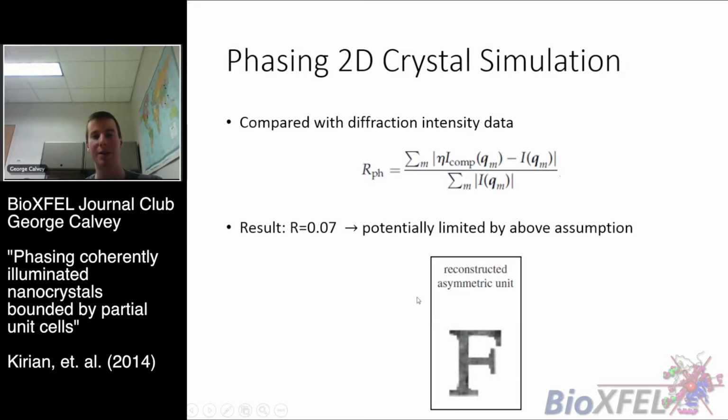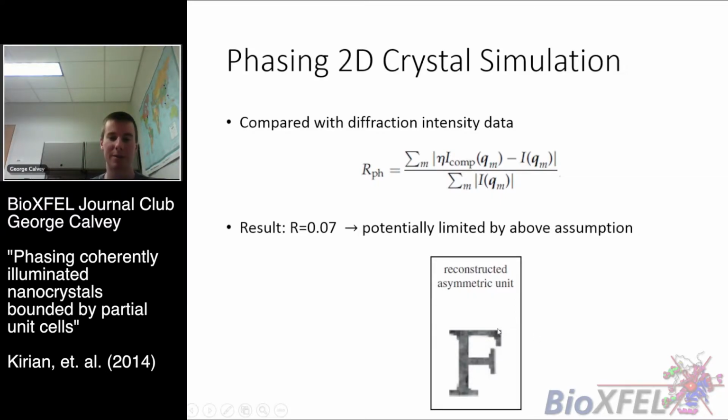Again, similar to the first step in the 2D crystal simulation, they wanted to compare their computed asymmetric unit with the average of the 500 diffraction patterns.